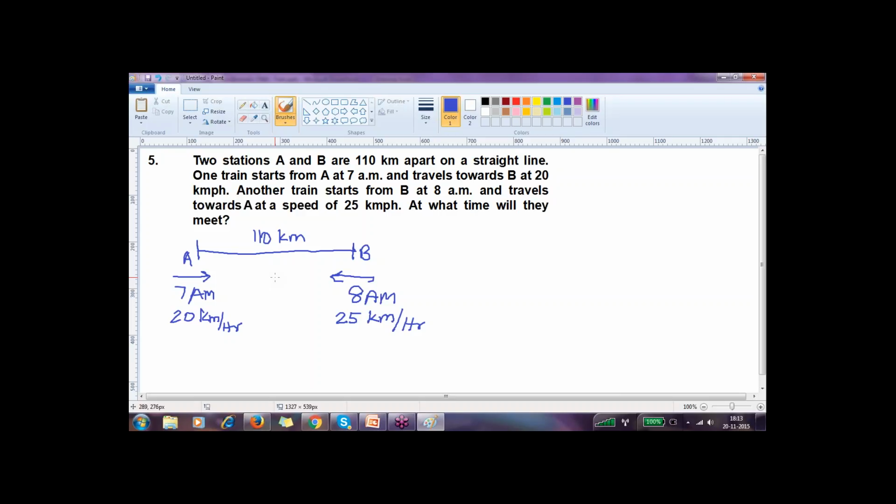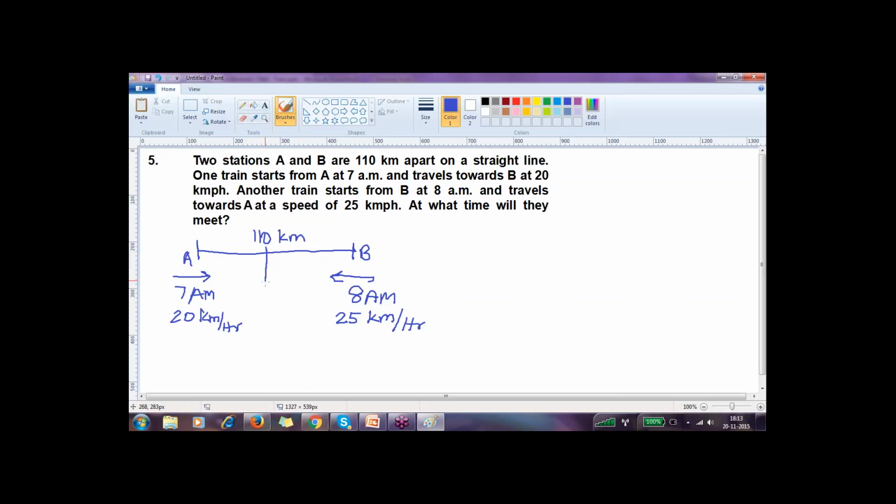Can you say logically what time they will meet? Okay, I'm not getting any answer. Anyway, let's do it mathematically first. Then we'll talk of logically.